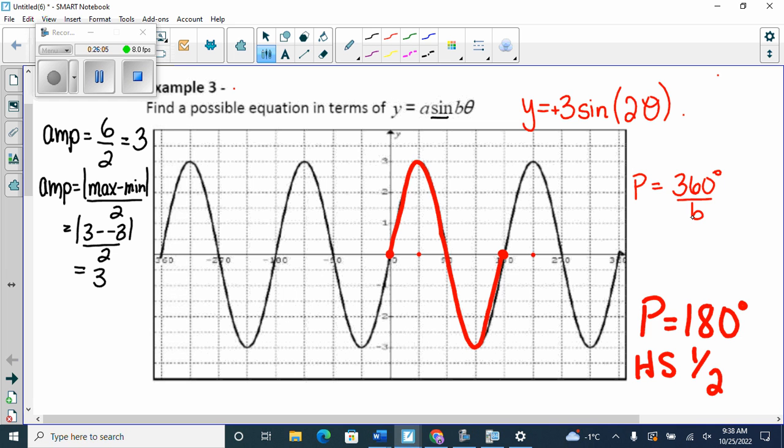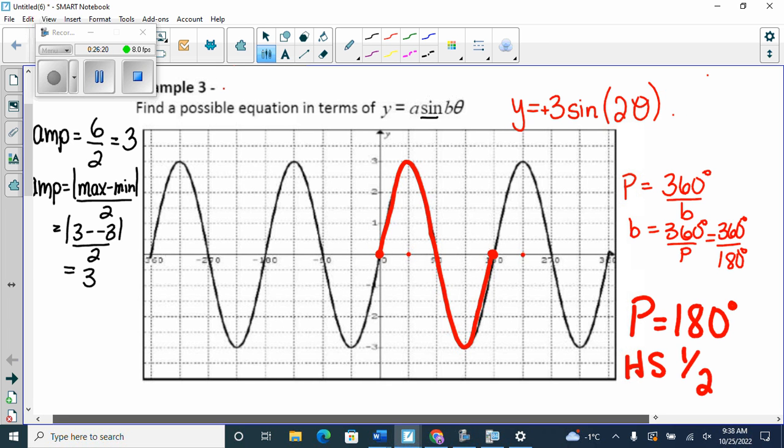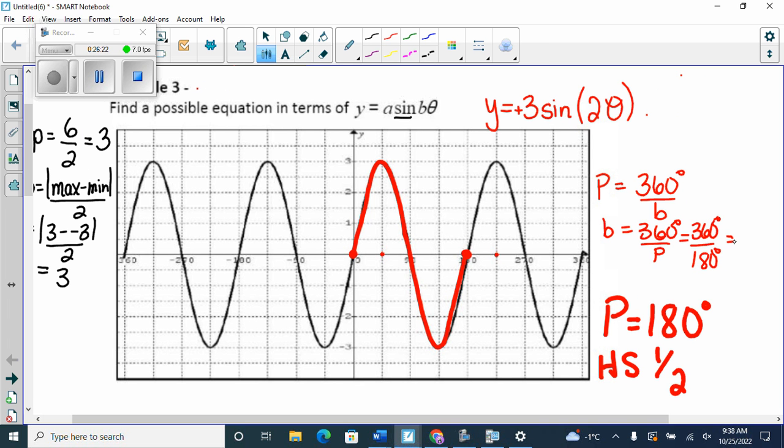I can bring the B up by multiplication and the P down by division. So B is 360 divided by P. P is 180. So 360 degrees divided by 180 degrees. The degrees cancel off, and I'm left with a 2, which is B. So do you have to use the horizontal stretch factor? No. Could you use the formula? Yes. It doesn't matter.